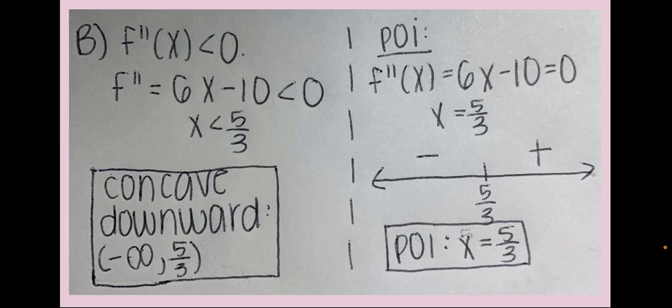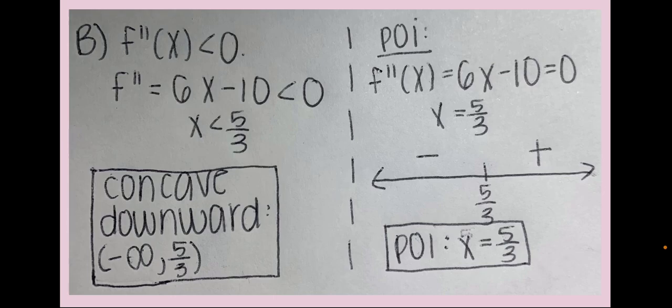We also know that f has points of inflection when f double prime is equal to 0 or when it does not exist, and f double prime must change signs. So you do the sign chart one more time, plug in a number greater than 5/3, and you get a positive number, so you put a plus sign on the right.